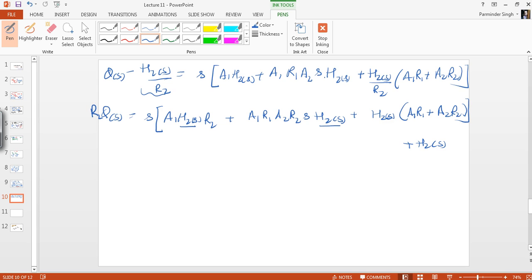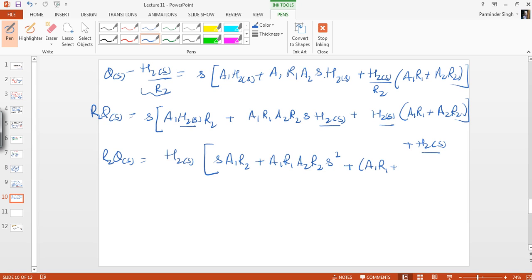Now what do you have? H2 common. So H2 can be taken out, so this becomes R2 into QS, and H2 becomes common outside, and what we have inside is A1 R1 A2 R2 S square plus A1 R1 plus A2 R2 S plus 1.